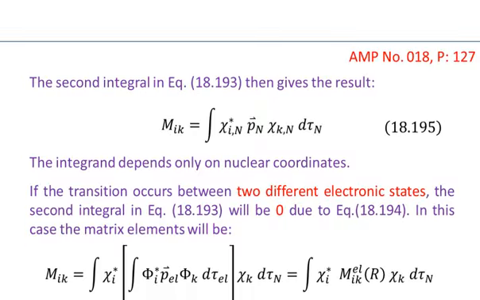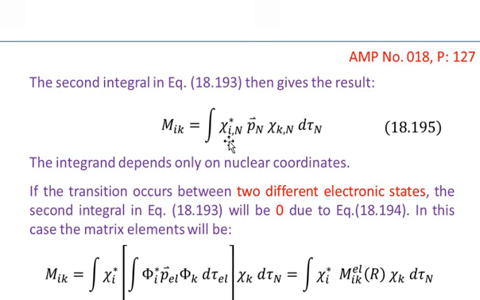Now you see that under the same electronic state, when we are considering the vibrational rotational transition, for the same electronic state, we have found that the first integral in the previous equation will be equal to 0. And then we have this matrix element Mik is equal to the integral of chi i star, where n stands for the nuclear, chi i star multiplied by Pn, the nuclear dipole transition, and then chi kn and d tau n.